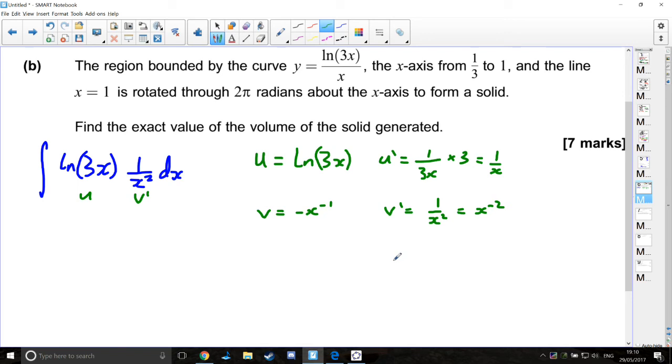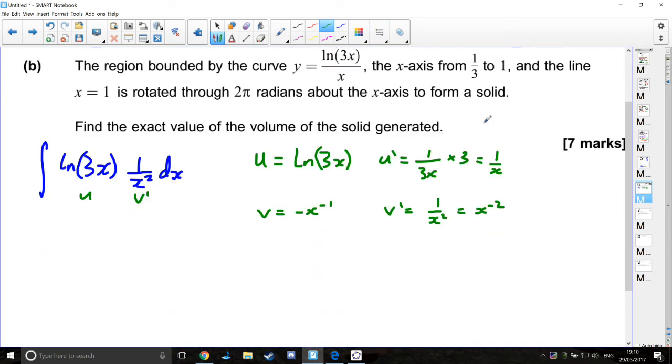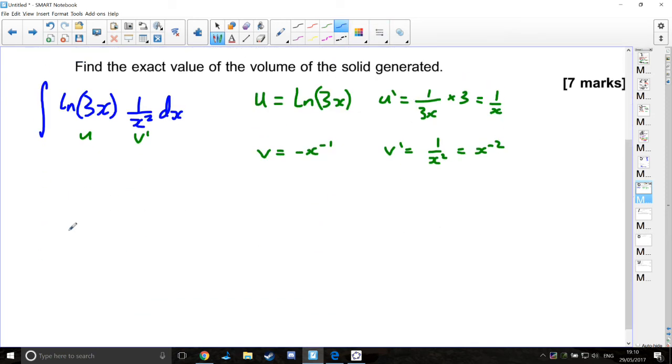So let's use the formula that we've got above. So it's uv minus the integral of v du by dx. And hopefully this isn't going to look hideous because of how we've chosen this to work. So we have minus x to the minus 1 ln 3x minus the integral of v u dash.